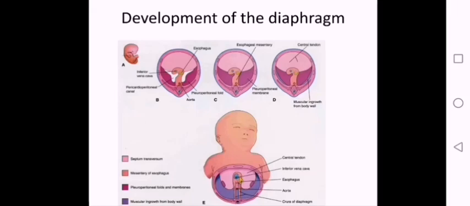However, after rapid growth of the dorsal part of the embryo, there is an apparent descent of the diaphragm, and by the 6th week, the developing diaphragm is at the level of the thoracic somites. So the phrenic nerve now has a descending course because the septum transversum lay first opposite the 3rd cervical somites, while now it lies at the level of the thoracic somites.